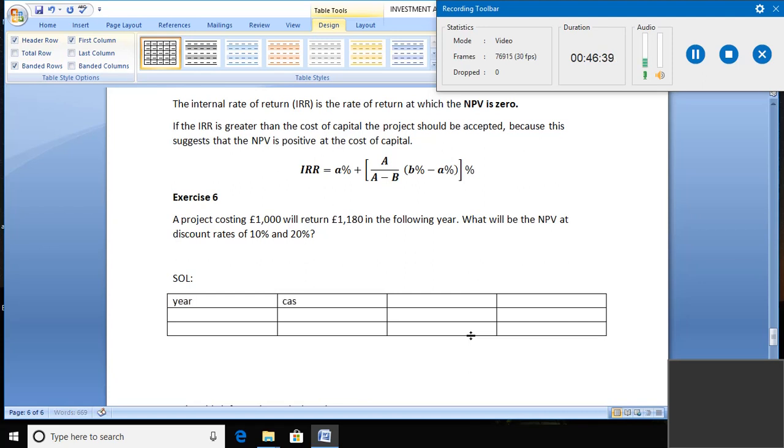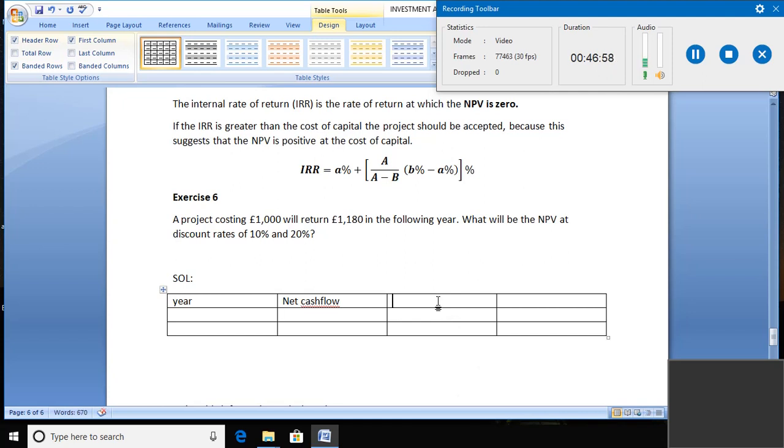Then what else? Cash flow. Of course, this is going to be a net cash flow. Always remember, this is a net cash flow. Net cash flow is where you have subtracted the cash outflow from the cash inflow in each of those years.